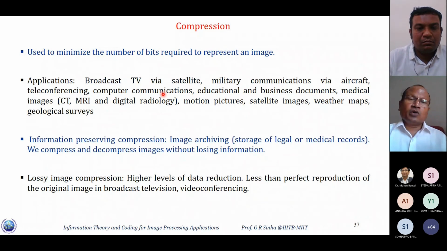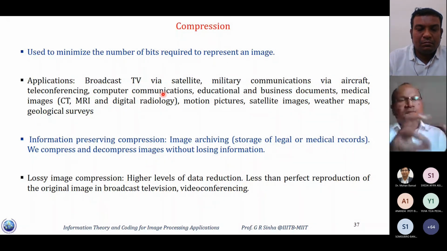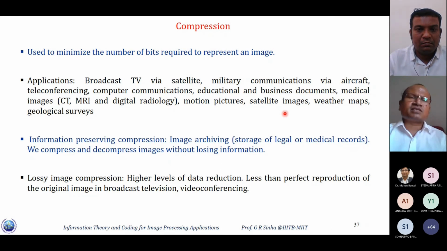Believe me, when you are sending huge amounts of data like images, videos, and medical images, telemedicine is an area in healthcare where a huge MRI or CT can be sent from the villages, from rural areas, to the physician sitting in a modern hospital. So in computer communication, the compression technique is very much needed, in motion pictures and satellite images.